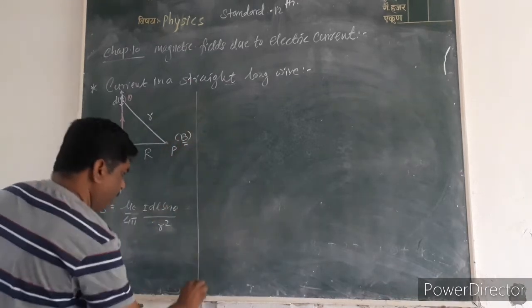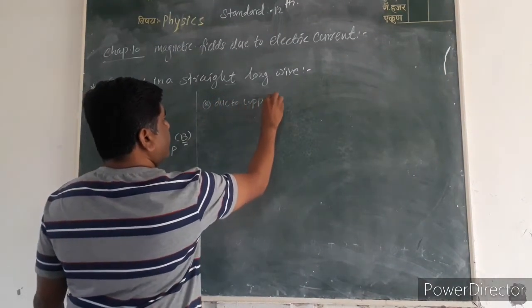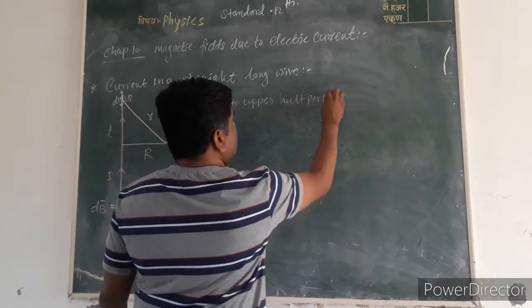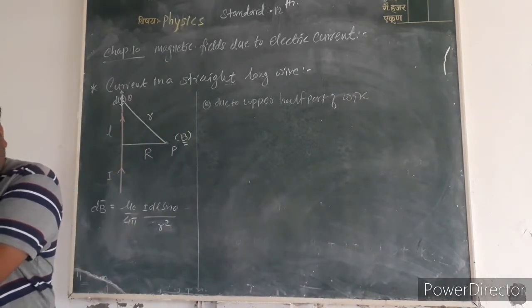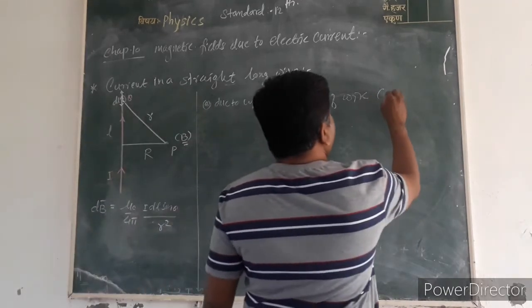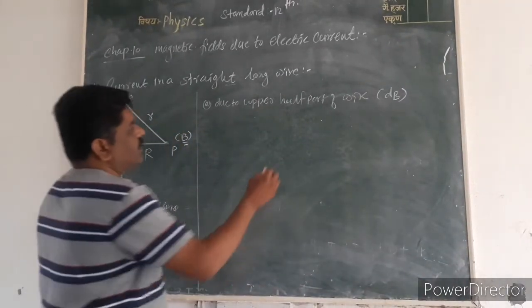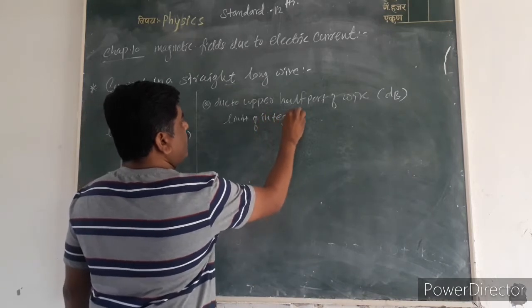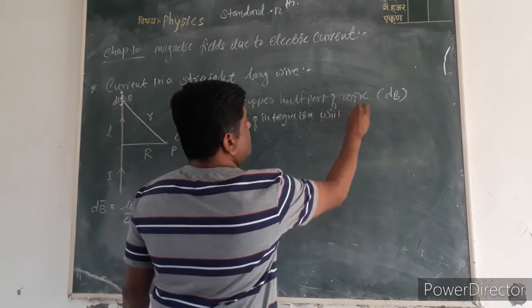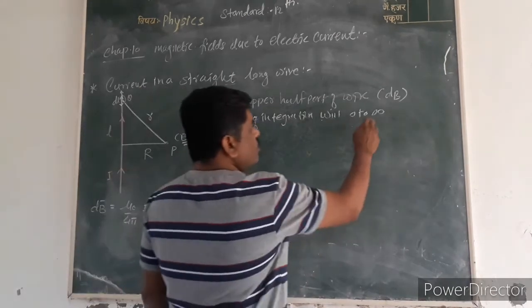Due to the upper half part of the wire, dB is the magnetic induction produced, and the limit of integration will be 0 to infinity, because this wire is long, straight, infinitely long, hence integration will be 0 to infinity.